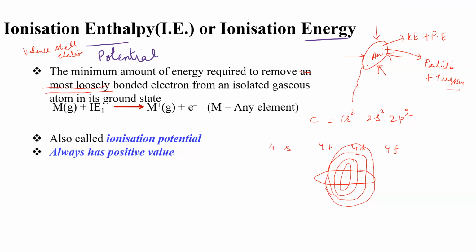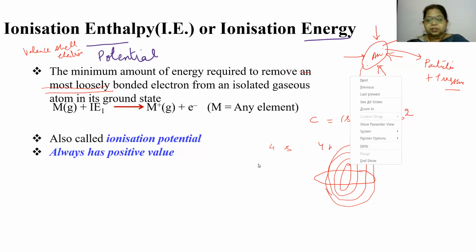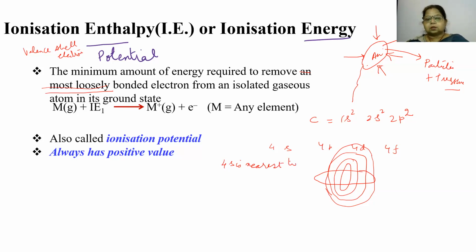Yes, ma'am. That means the electron which is present in 4s will be the nearest to the nucleus. Therefore, it will have the highest attraction.